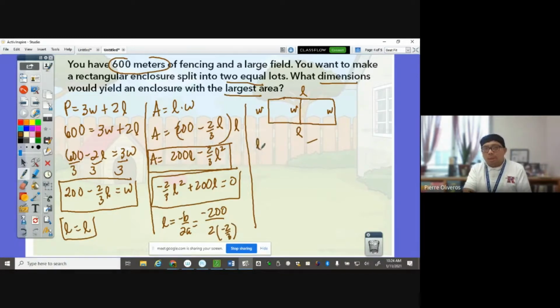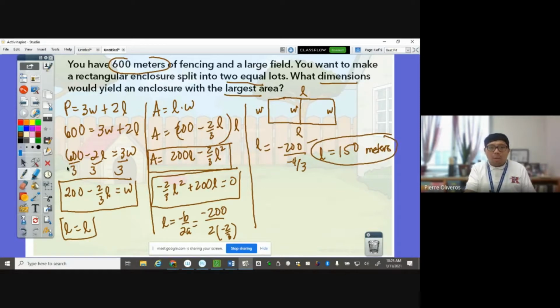That will give me negative 200 over negative 4 over 3. Using my calculator, that gives the length of 150 meters.